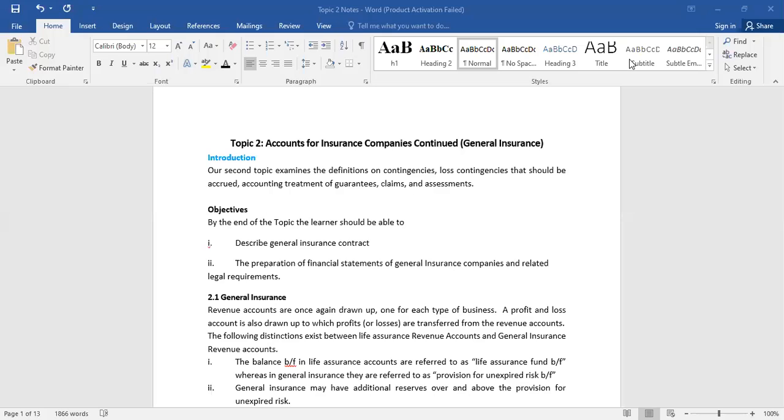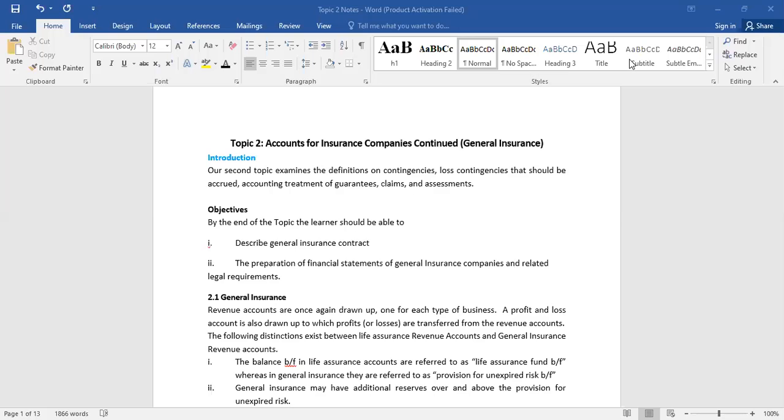General insurance is basically dependent on the risk that you are insuring yourself against. If you're insuring against loss through fire, we call it fire insurance. If it is accident, we call it motor vehicle or accident insurance. If you want to cushion damage to third parties, we call it third party insurance, etc.